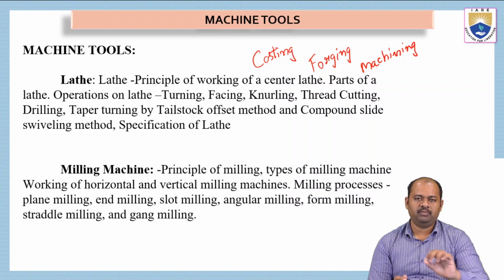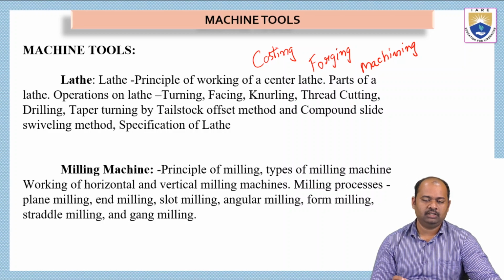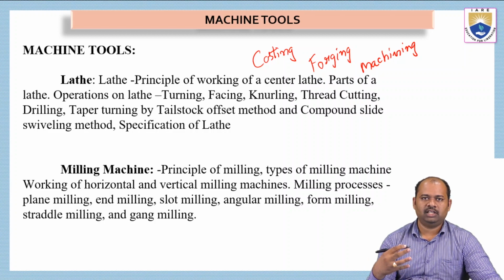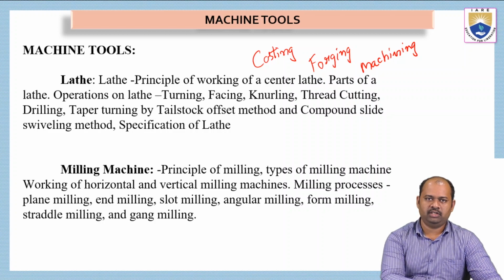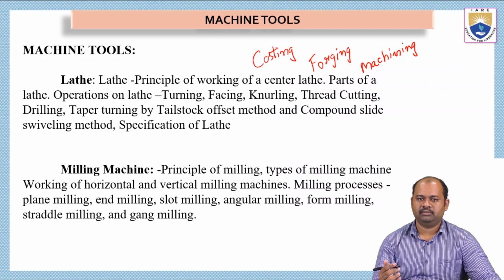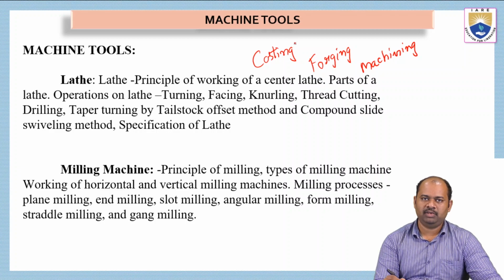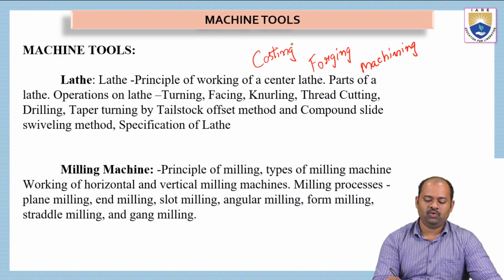This is the third method used in manufacturing systems. We also have other processes where we can make the surface very smooth; they all come under precision methods. Mostly these three are the methods used for manufacturing any object. Depending on the application, we have to go for casting, forging, or machining.